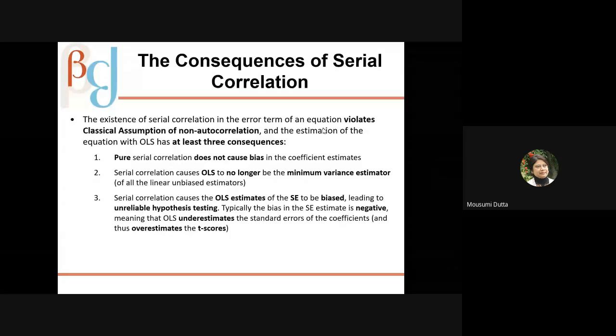If WLS is not applicable, we will go for GLS. However, WLS, GLS, these are very well accepted techniques. Now, in the presence of autocorrelation, if we prove that OLS does not produce BLUE or MVUE, minimum variance unbiased estimator, we need to learn what can be an alternative technique which can give us the best linear unbiased estimator given the data set.